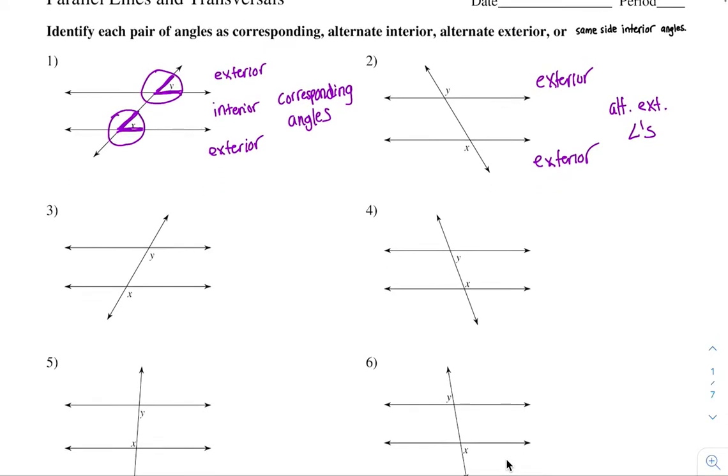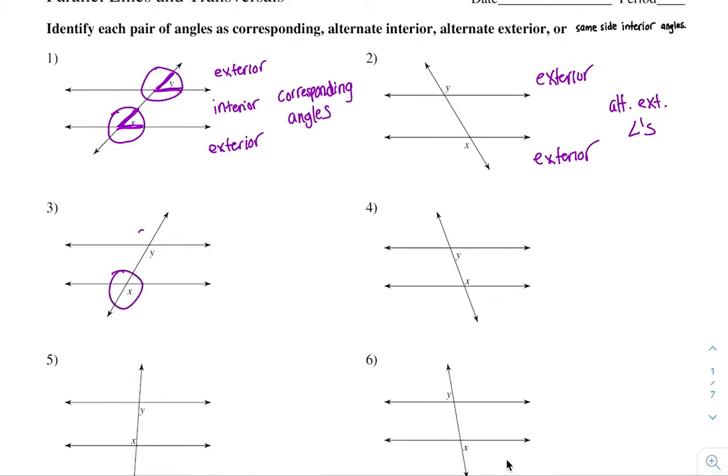Number 3, so we have one interior angle, which is Y, and one exterior, and those are the same slices of pizza. So as a result, these are corresponding angles. And remember, that's just shorthand for angles.